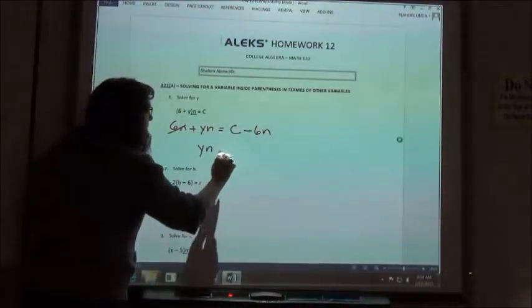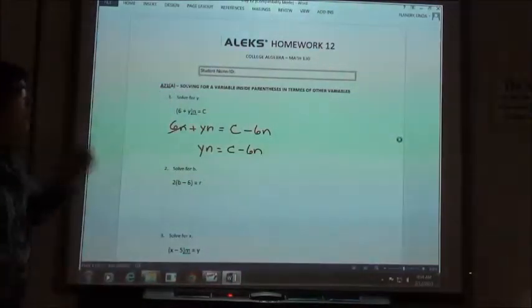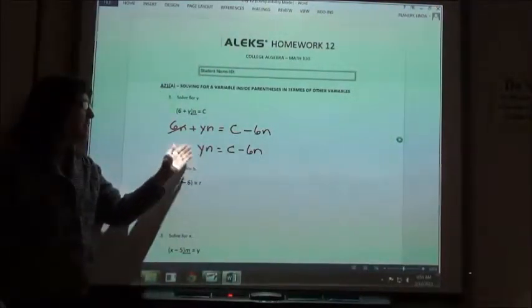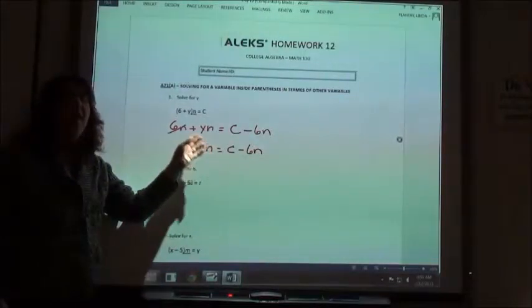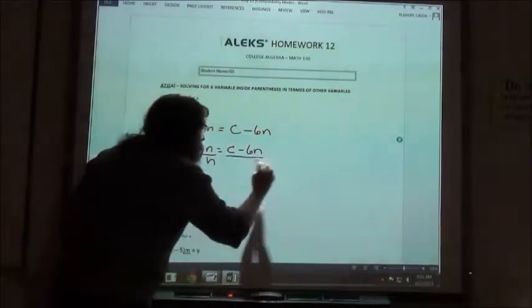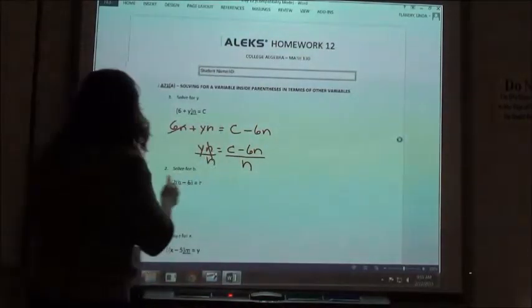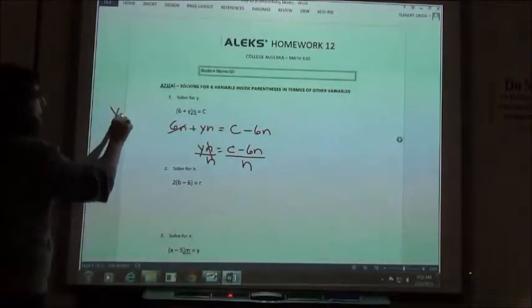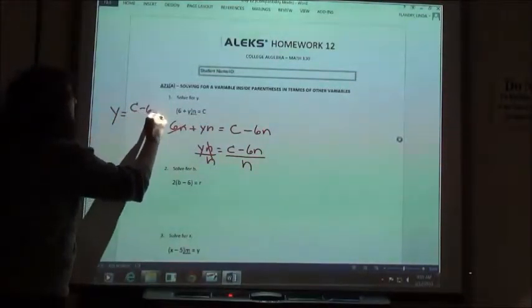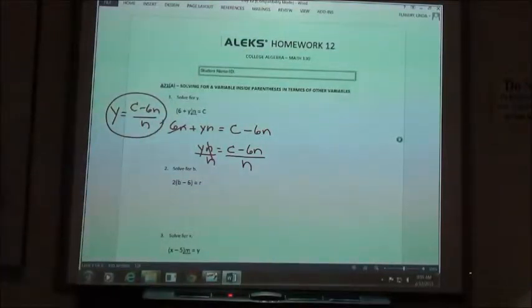So yn equals c minus 6n. And then, of course, if I want to solve this for y, since this means y times n, I end up dividing by that n and making one big fraction. So I'm going to write it over here. y is equal to c minus 6n over n. And that's one way I could put my answer in.